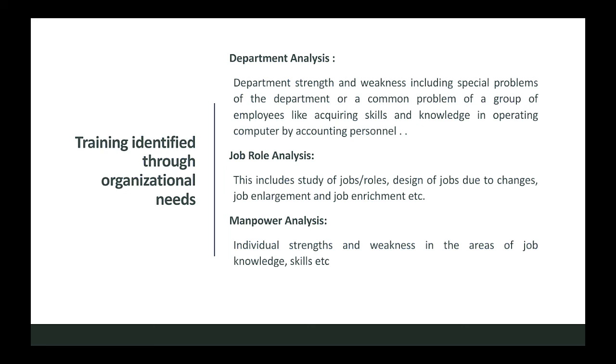Now, job role analysis is very much related to the job role. What are the different technical skills to perform in a job? It is across the department, it is across the organization. Say, for example, the basic job role required to be a team lead, a project manager, or a delivery manager is almost the same. To be a project manager, you need to understand the basic functionality of a project.